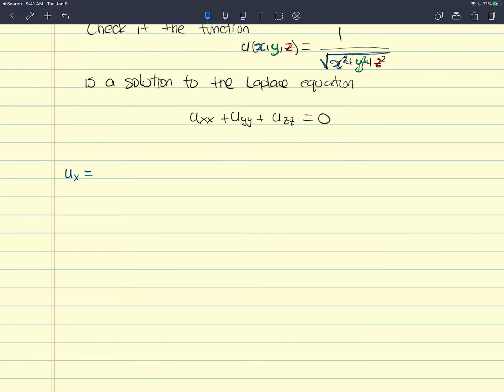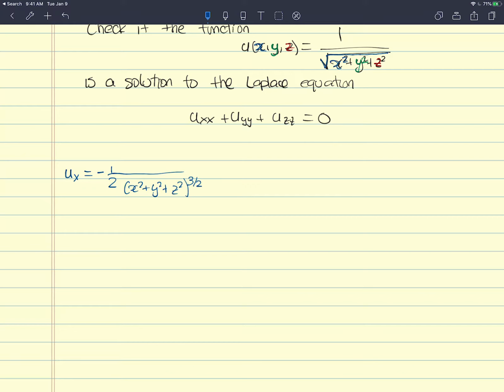It's pretty simple. The x only shows up in the denominator. So this is like something to the negative 1/2. So the derivative is going to be negative 1/2 times that same thing to the negative 3/2, right? So I'm going to have x squared plus y squared plus z squared to the 3/2 in the denominator.